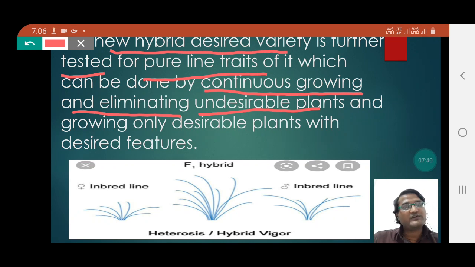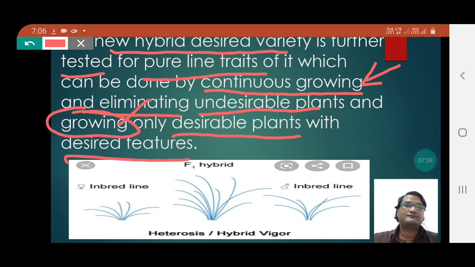So here we can notice that the undesirable plants are being continuously eliminated during the growing process, and only desirable plants with desired features are grown.